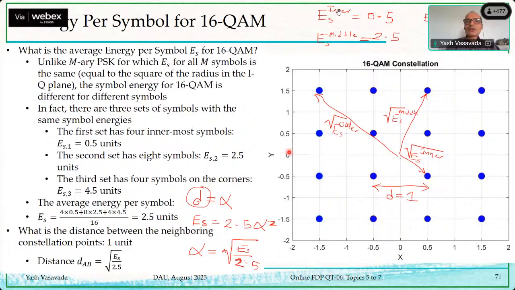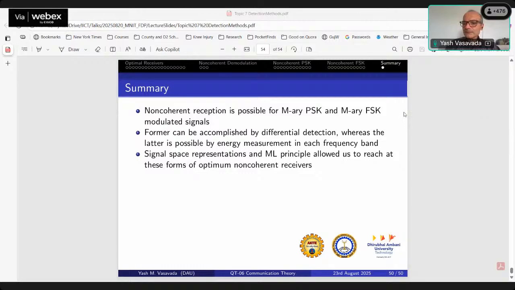So I will stop my PowerPoint presentation at this point, and I'll go to my next presentation, which is going to summarize this detection method.